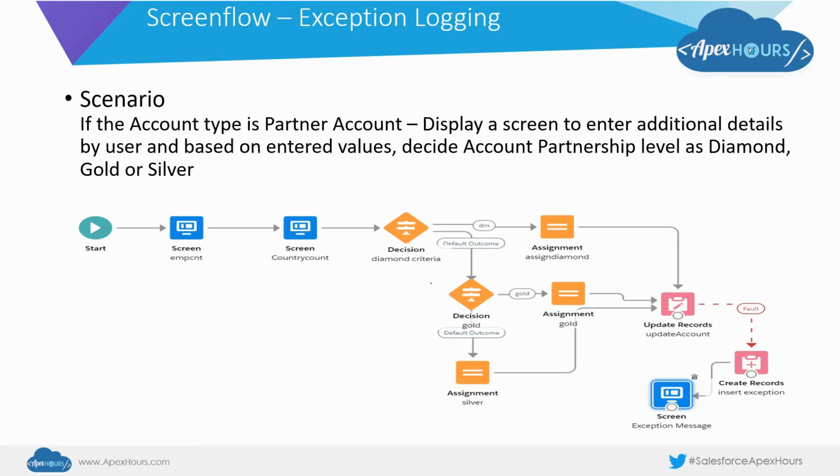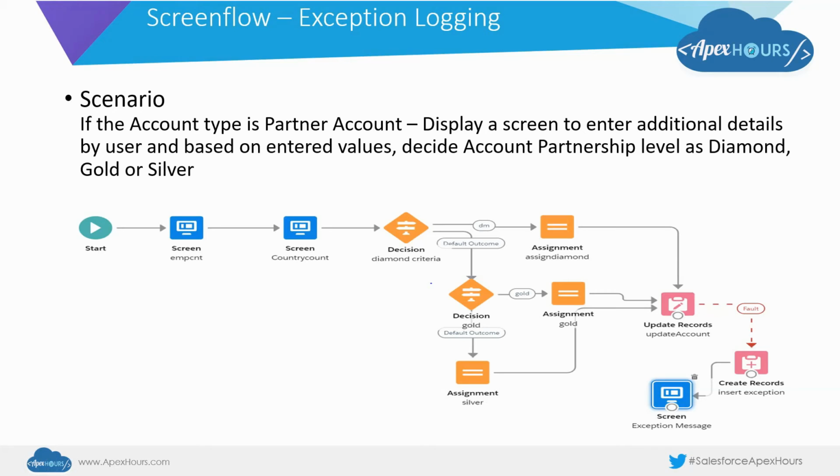Let us see exception logging in a Screenflow element also. I have a scenario for Screenflow. In account, I have a picklist called account type, which contains two values, end user and partner account.